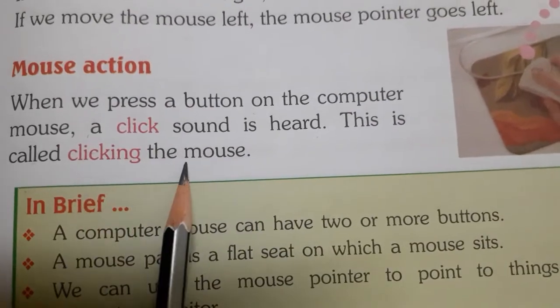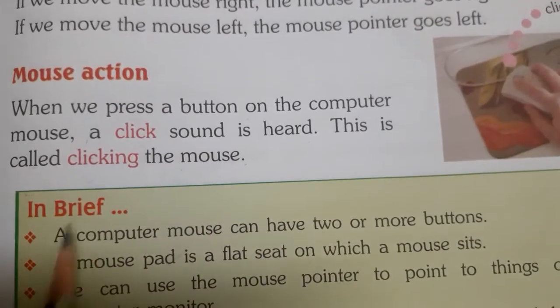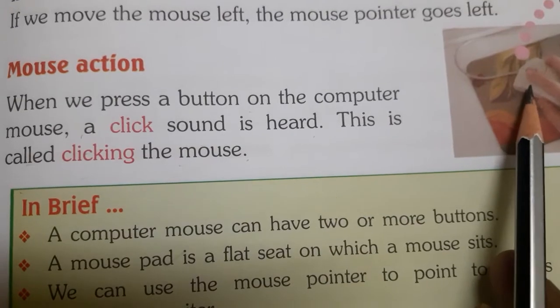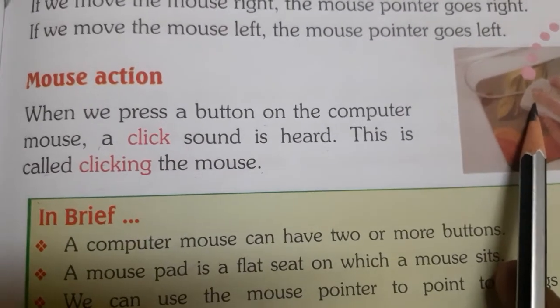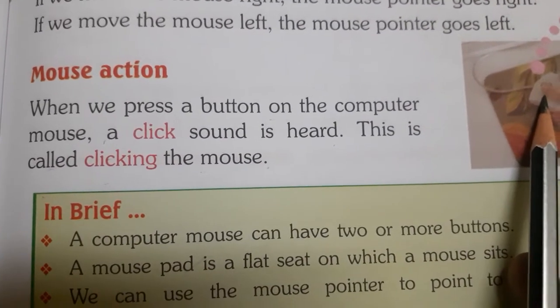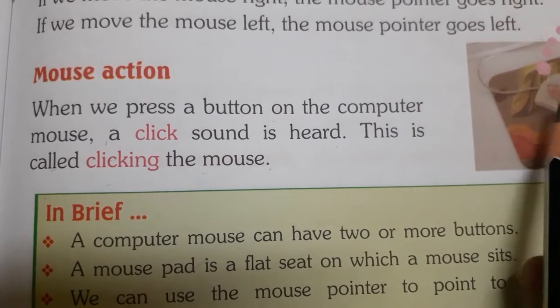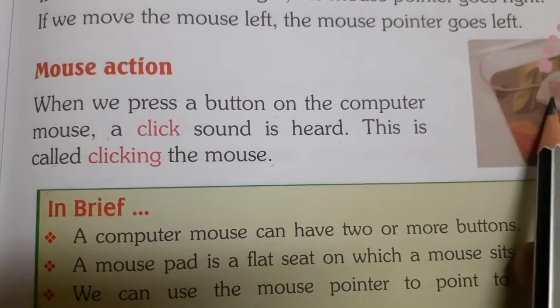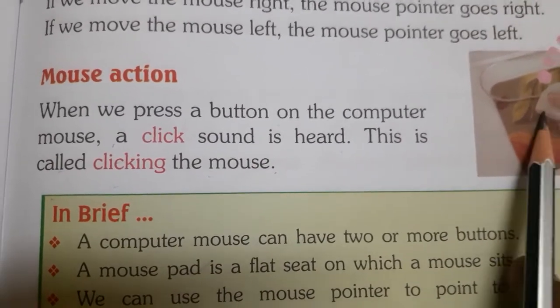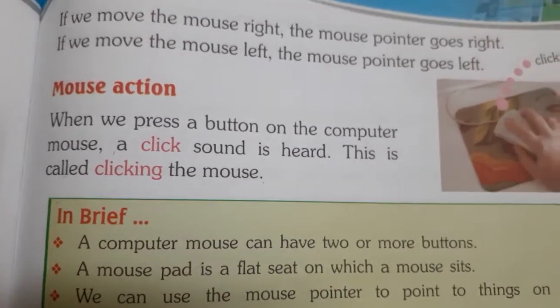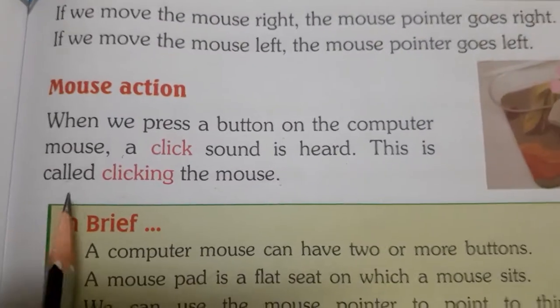This is called clicking the mouse. If you press the left mouse button, it will sound as a click. It is called mouse clicking. If you keep the mouse pointer on any file and click the left mouse button, automatically the file will open, children. So this is called mouse action.